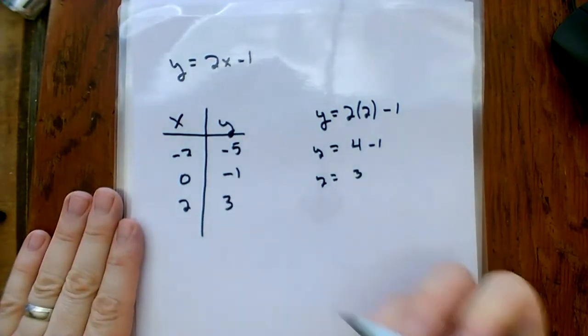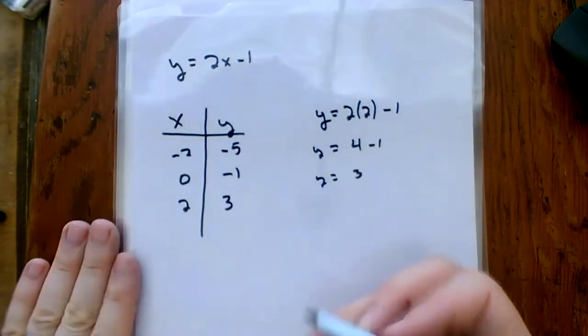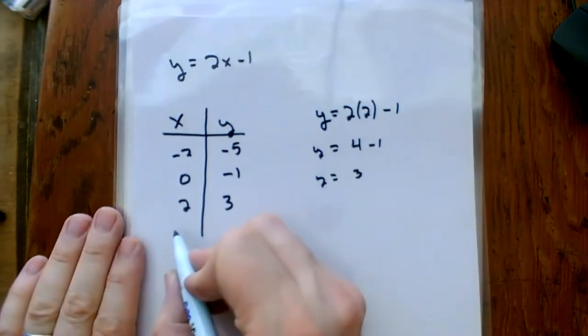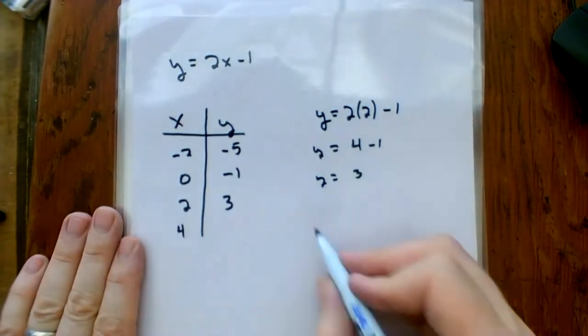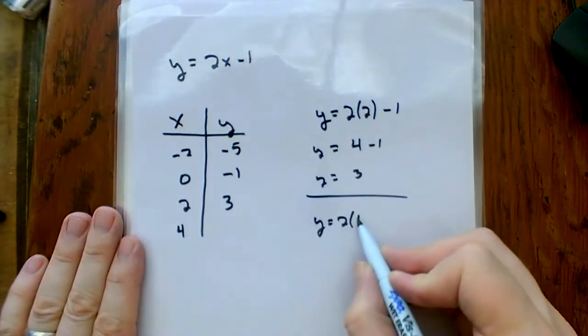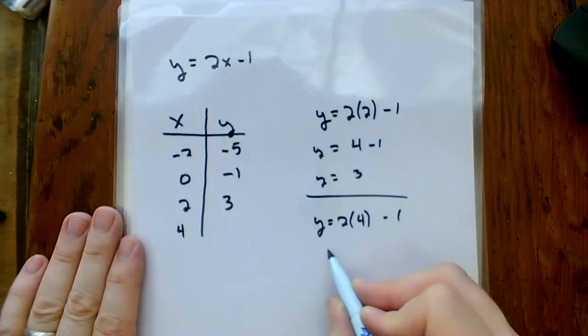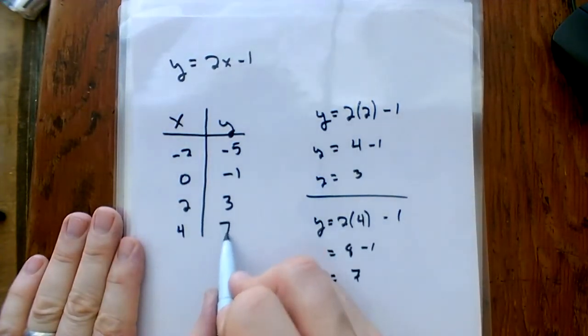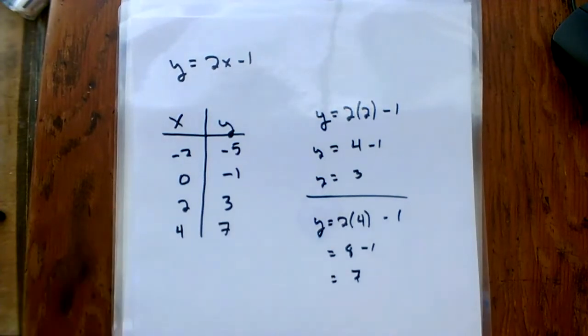So I've got yet another solution. I could try x equals 4. Y is equal to 2 times 4 minus 1. That's going to be 8 minus 1, or 7. So I've got a lot of solutions here to our equation.